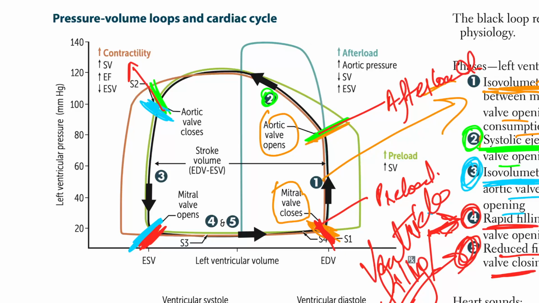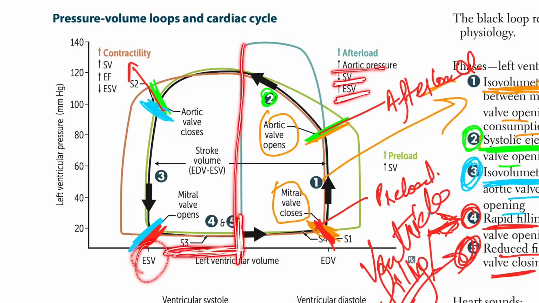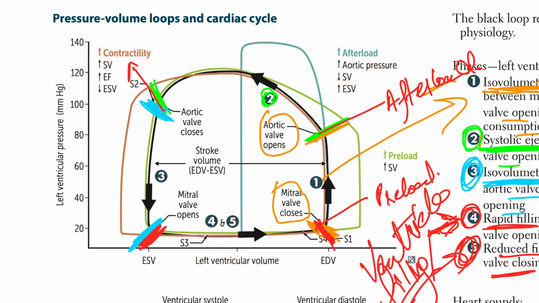That is going to increase the aortic pressure, decrease the stroke volume, and increase the end systolic volume. Look, this is increasing the end systolic volume, one thing. It is increasing the aortic pressure, and it is decreasing the stroke volume, just by increasing the afterload.